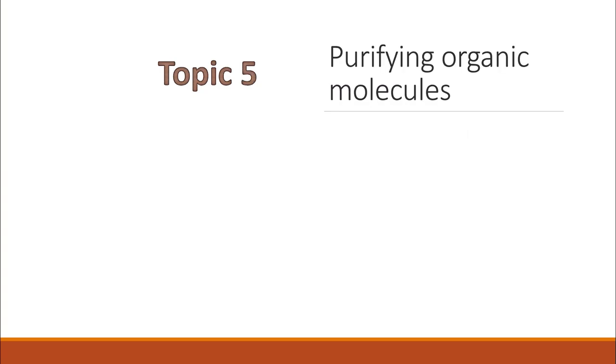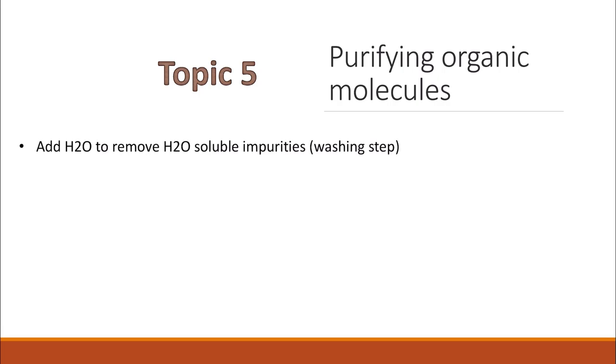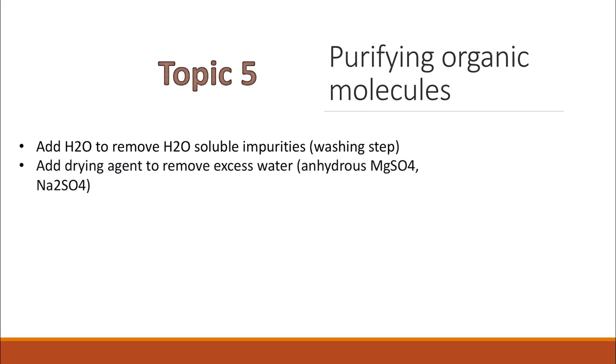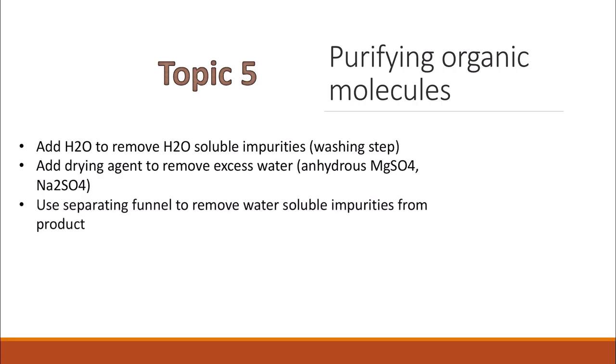Remember purification of organic molecules. You add water to remove the water soluble impurities during the washing steps. You add a drying agent to remove any excess water, like anhydrous magnesium sulfate or anhydrous sodium sulfate. You use a separating funnel to remove water soluble impurities from the products.